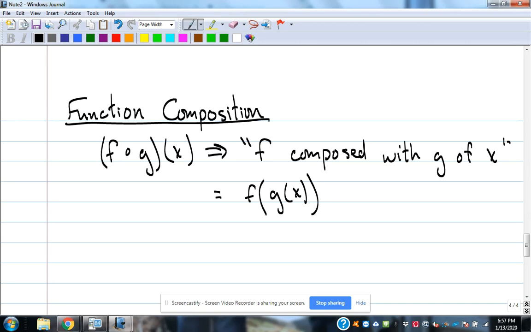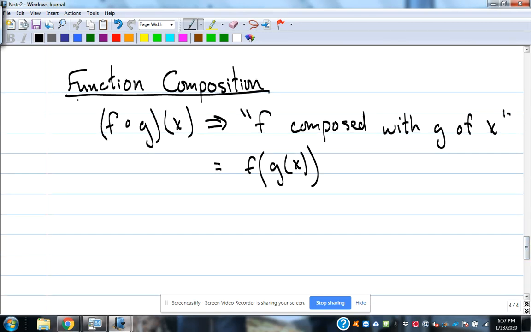All right, let's get a couple of not so scary functions to deal with here. Let f of x equal 2x plus 5, and g of x equal negative 8x minus 1. Something very simple to start off with, and then we'll get a couple of more difficult functions to do some composition with.